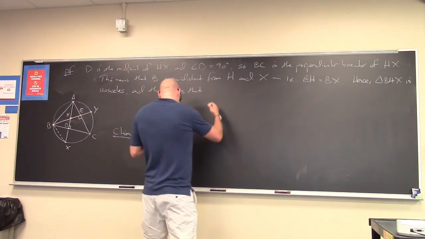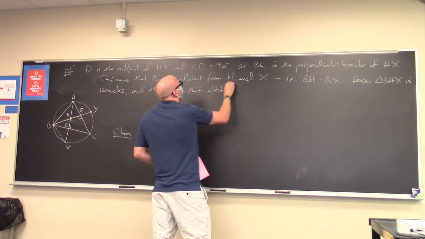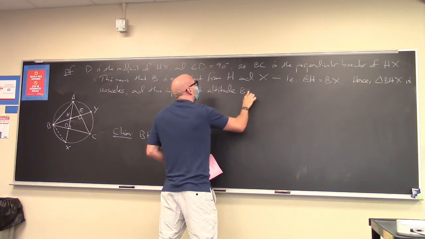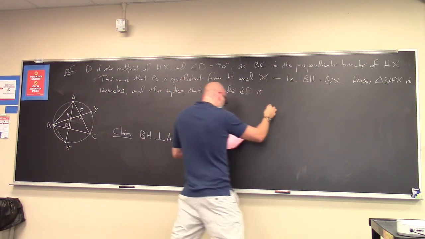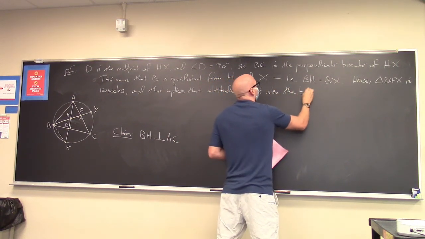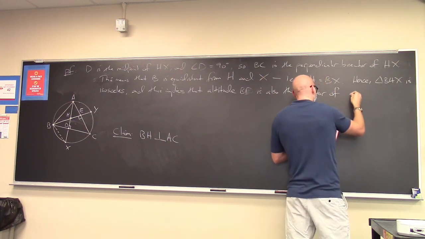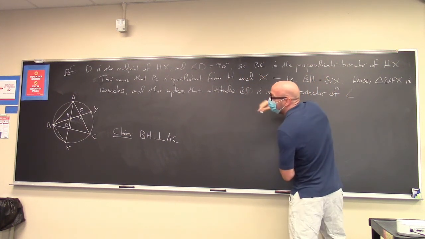So this implies that altitude BD is also the bisector of angle HBX.